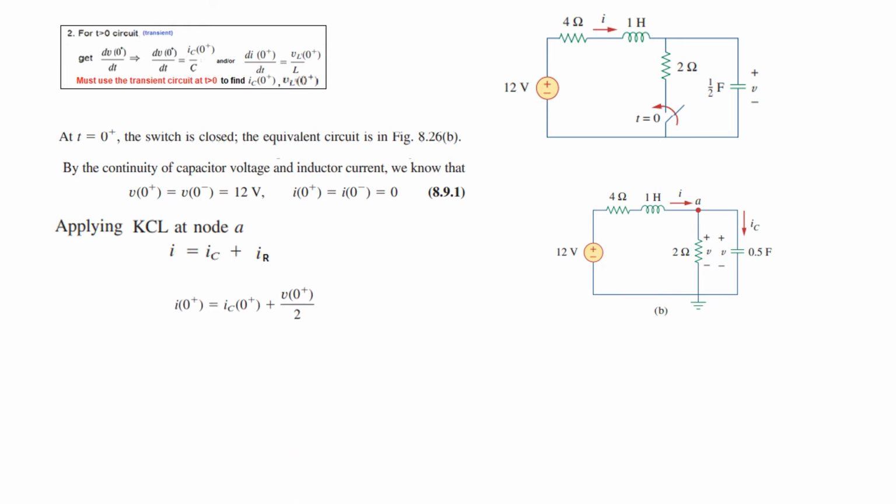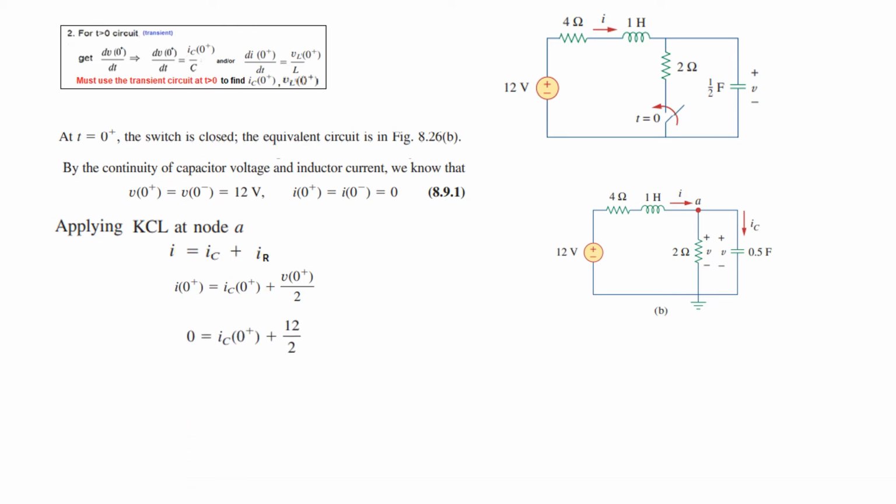And now in terms of voltage, at time 0 plus, I will become I0 plus, IC will become IC0 plus, and IR will become V0 plus over 2, because this is V over 2.